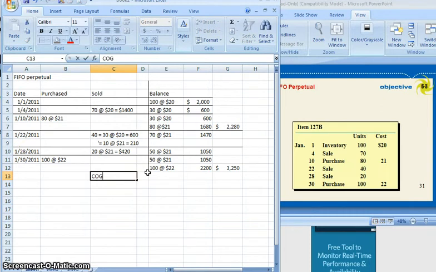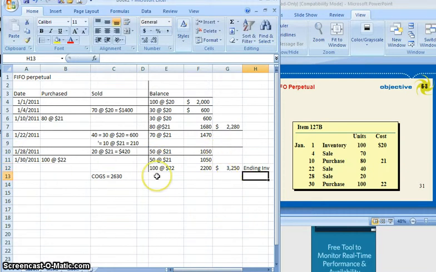Cost of goods sold is the $1,400, the $600, the $210, and the $420, which is $2,630. Okay, so from this, we have the cost of all of the items that we sold, and we have our ending inventory number right here.